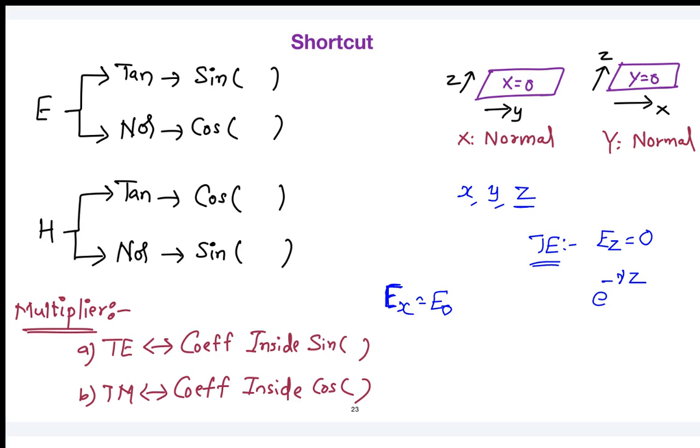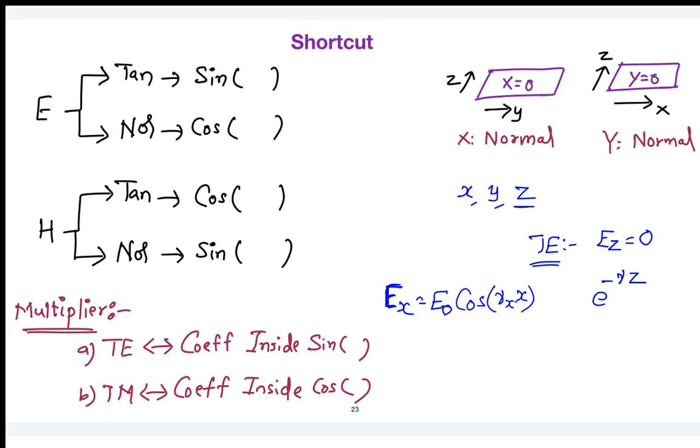For this case, when you consider the x equal to 0 plate, it is normal, correct? So when it is electric field and it is a normal component, you are going to get cos. So the first variation will be cos of gamma x into x or gamma y into y.